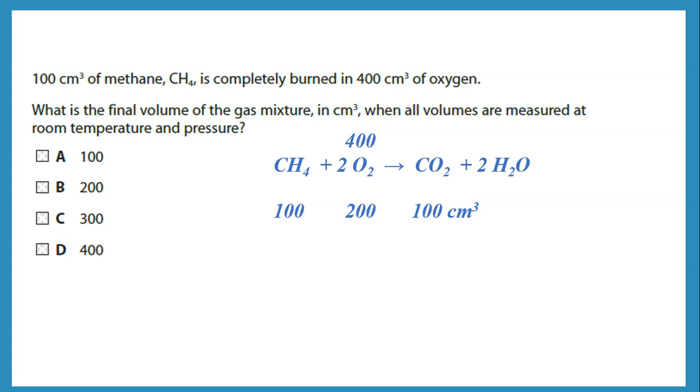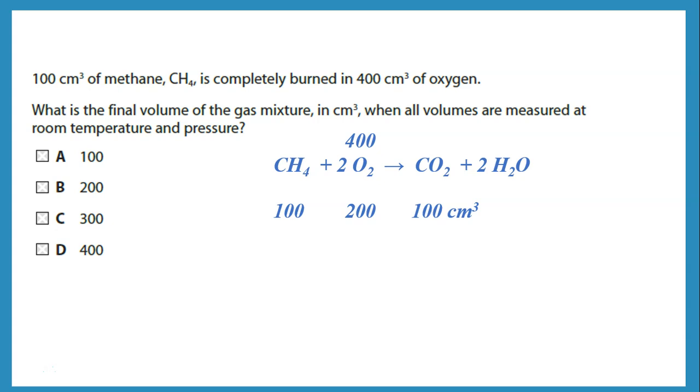And that means the 400 is in excess. So 100 of methane reacts with 200 of oxygen, and it will give how much carbon dioxide? Carbon dioxide is a gas, so 1 mole, so 100 would give 100.